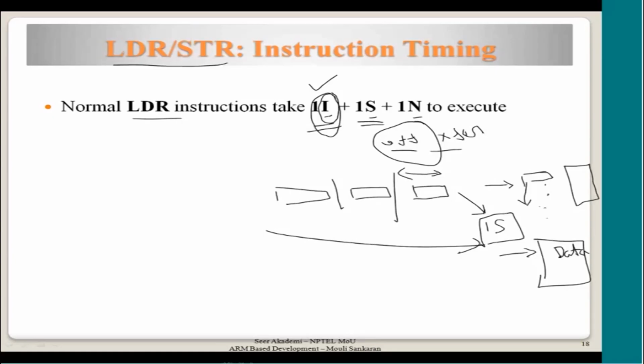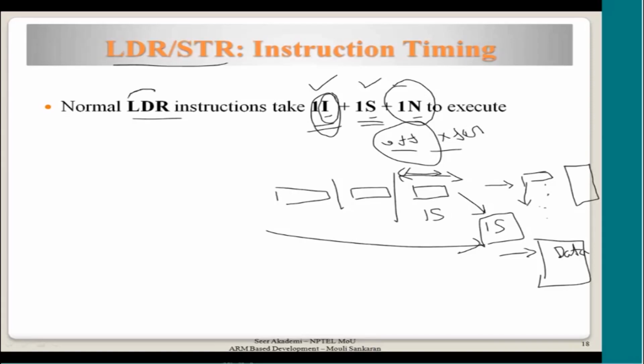That includes decoding too. After that, one sequential cycle is consumed by the instruction when it is pending in the execution stage. So that is why one N is given. Now why is this 1N given? Because when you are loading or storing in a memory, you are generating a new address to do that memory cycle.